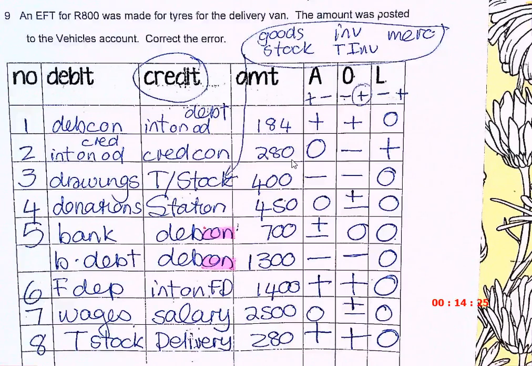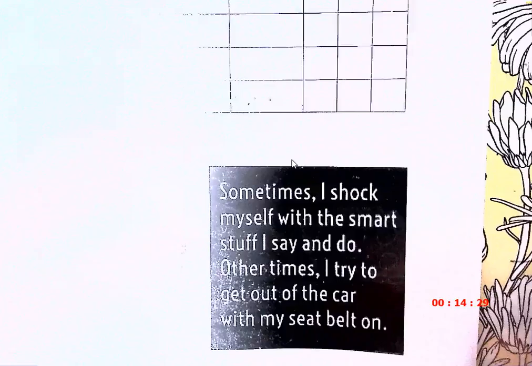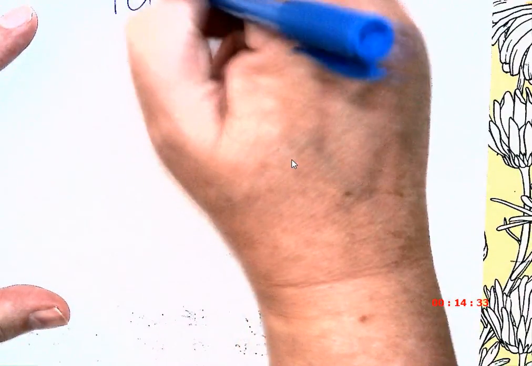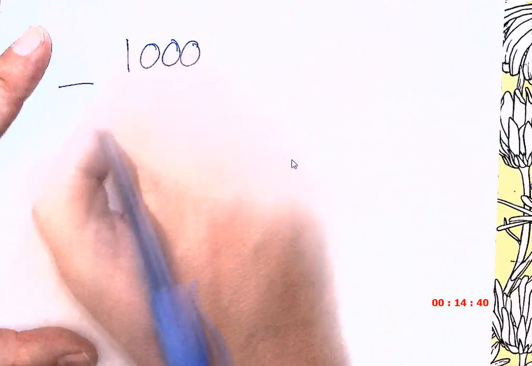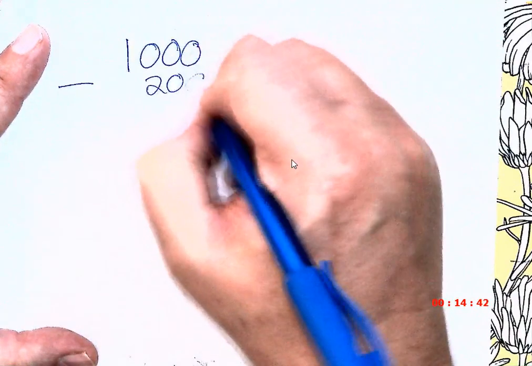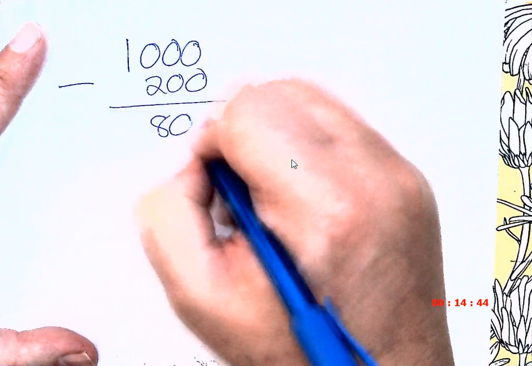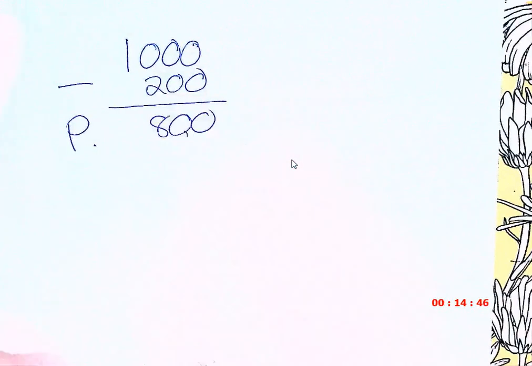Is everybody sharp? So in other words, let's say before expenses I had a profit of 1,000 rand. Now I say, okay, I had a delivery cost of 200. Now it looks like my profit is 800.